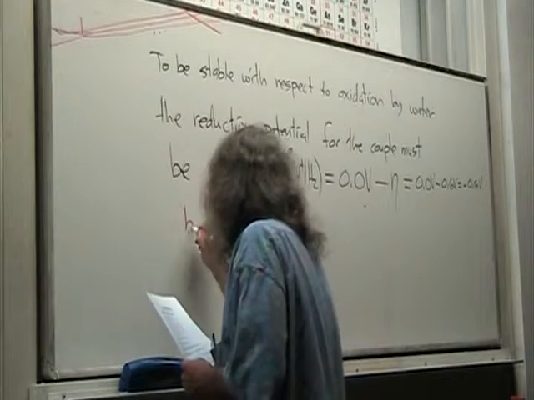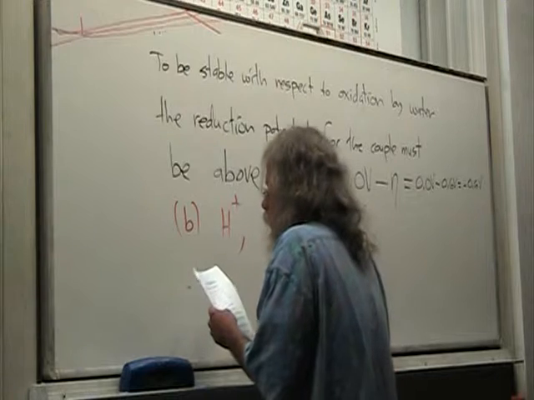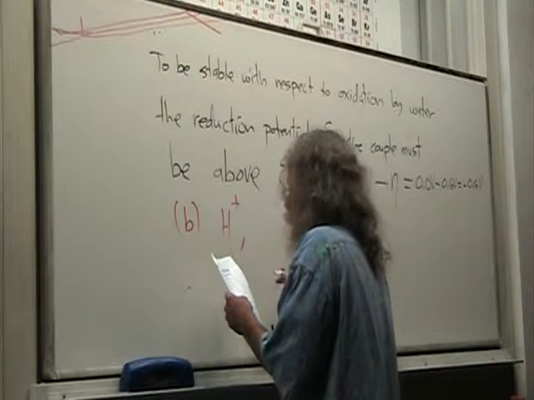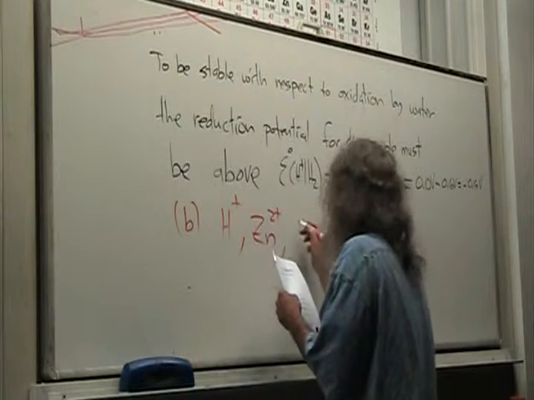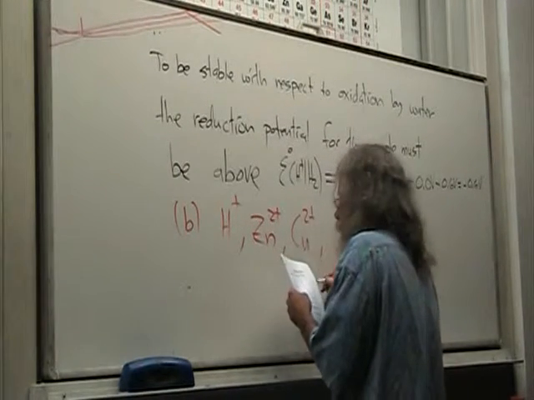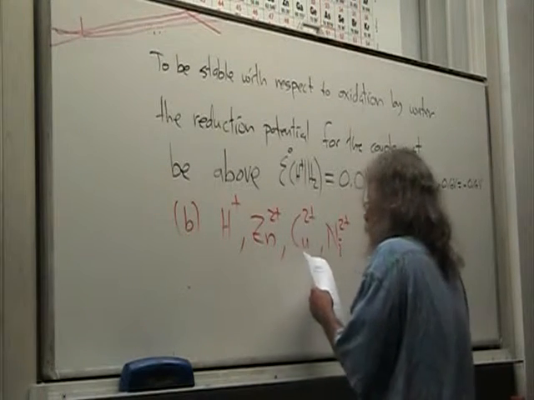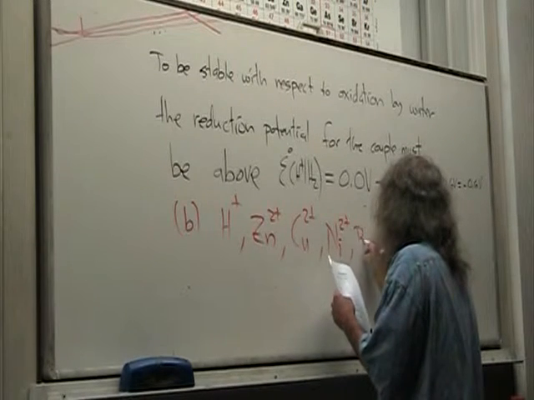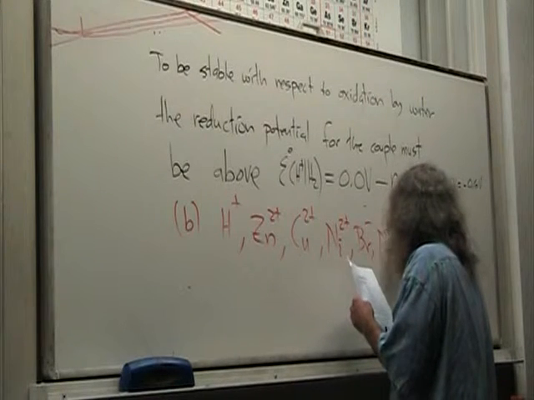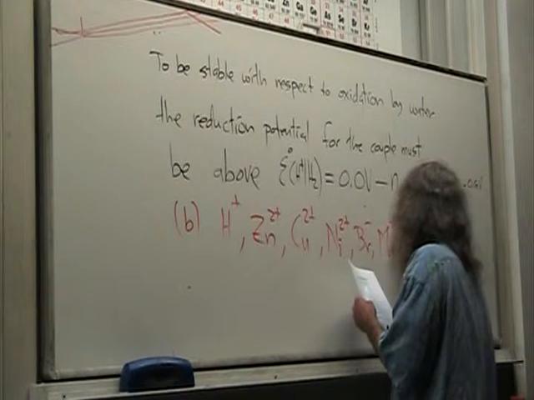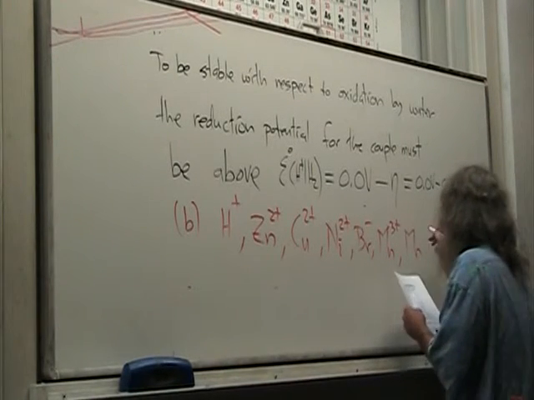So for part B, the ions are going to be hydrogen ions, zinc ions, basically all of them. You just have to figure out which ones are ions. Nickel, bromide, manganese 3 plus, and manganese 2 plus.